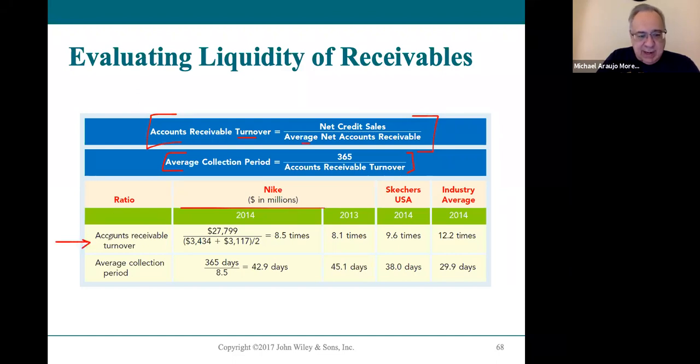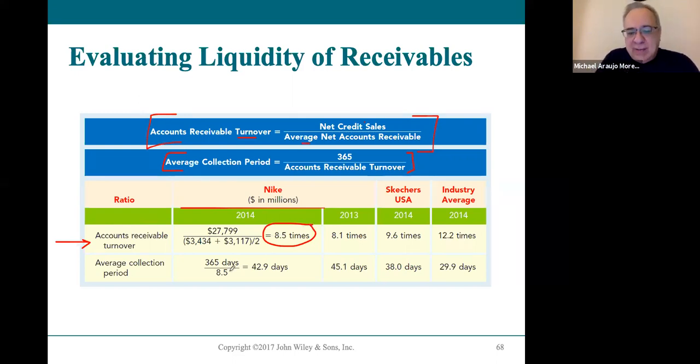First stop, their accounts receivable turnover rate. They have $27,799,000,000 of credit sales, and you divide that by 3.3 billion of accounts receivable, and you get 8.5 times a year. So Nike is collecting their receivables 8.5 times a year.